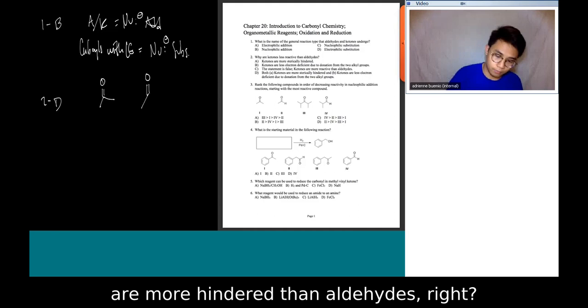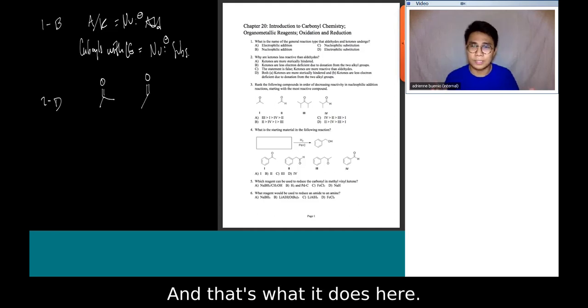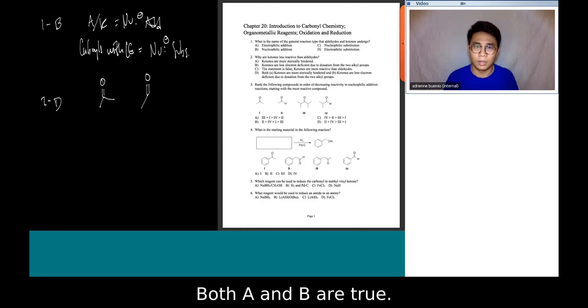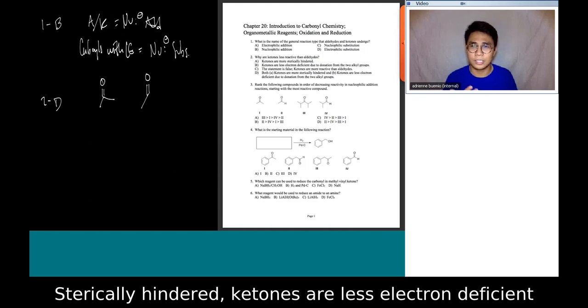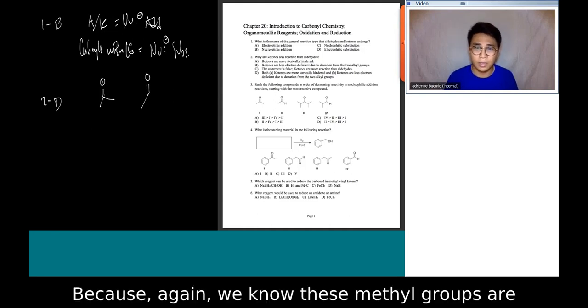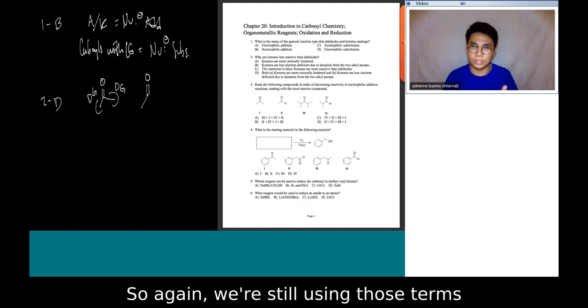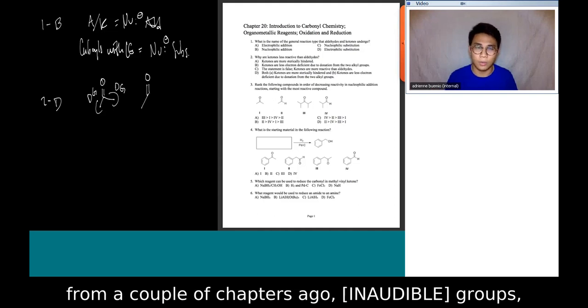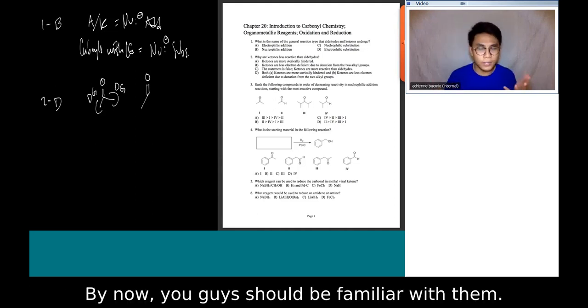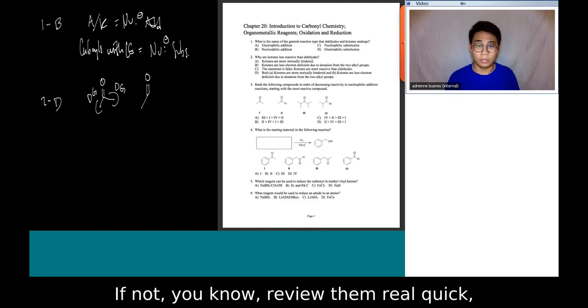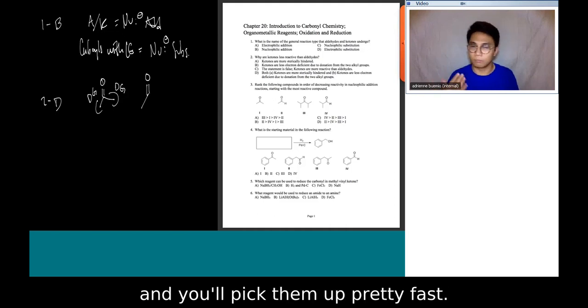Both A and B are true: sterically hindered, and ketones are less electron deficient as well, because the methyl groups are donating groups. We're still using those terms from a couple of chapters ago, withdrawing groups and donating groups. By now you should be familiar with them. If not, review them real quick and you'll pick them up pretty fast.